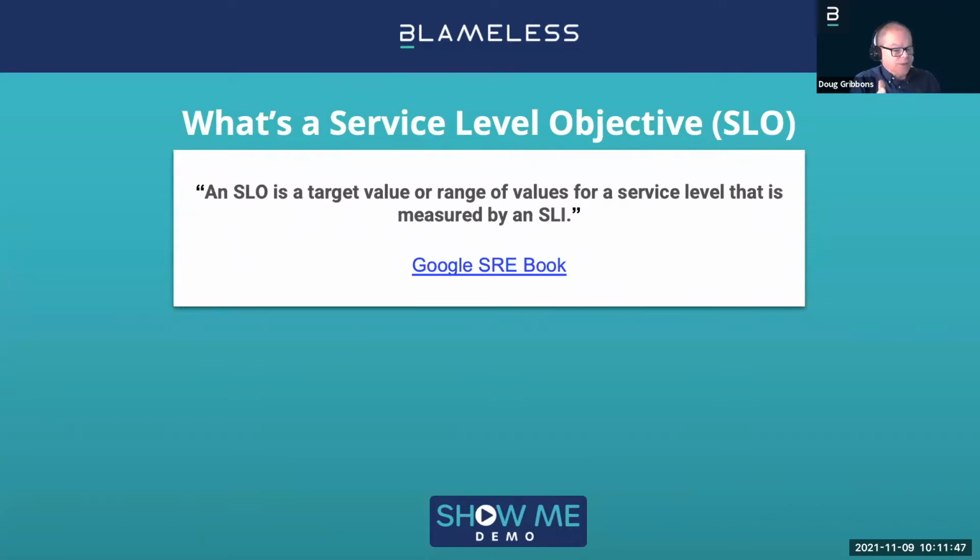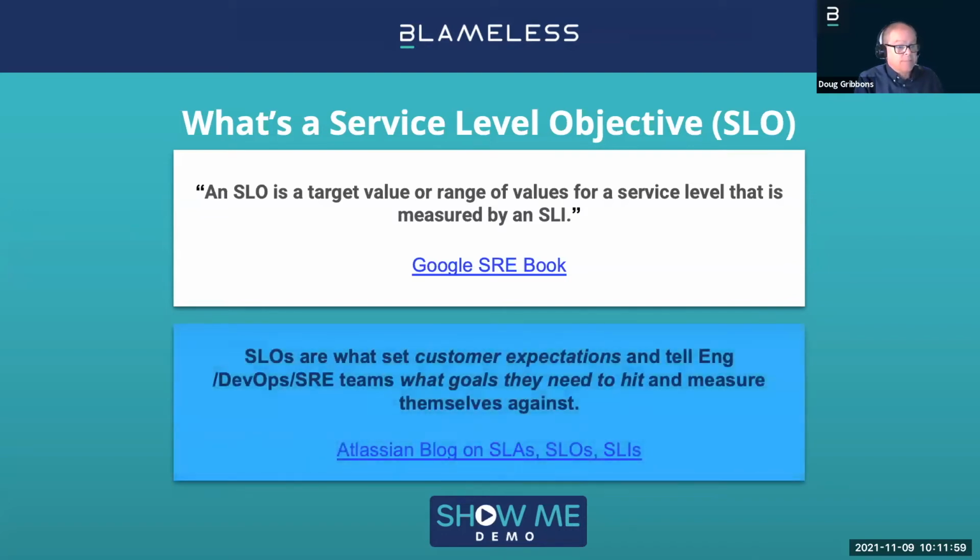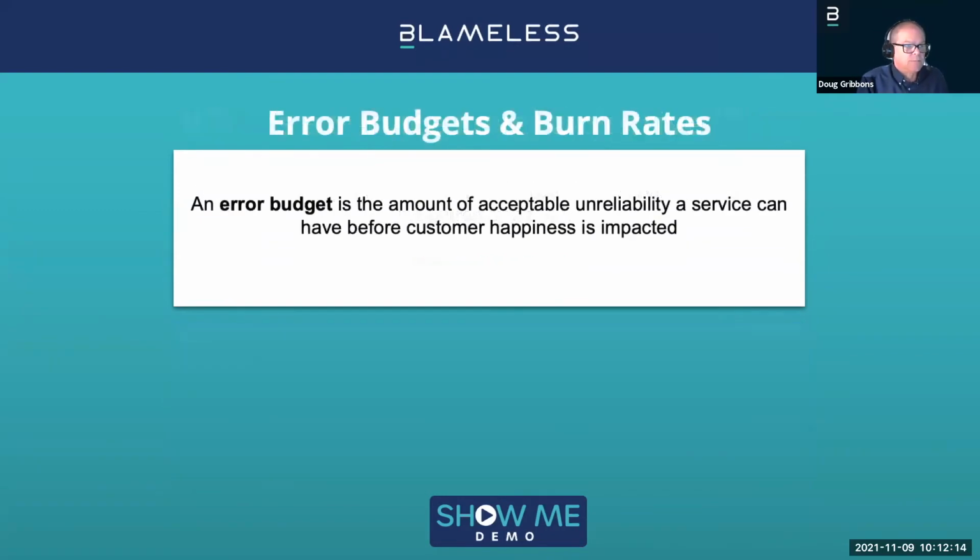Well, truly what you're saying is we will only be unavailable 0.1% of the time. So again, very hard to maintain this level of availability. And SLOs are what set customer expectations. When we say customer, we're talking both external as well as internal customers.